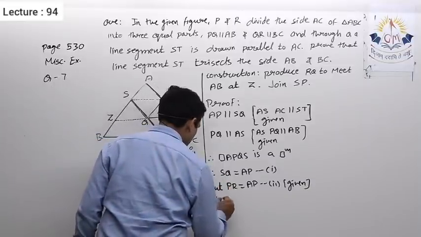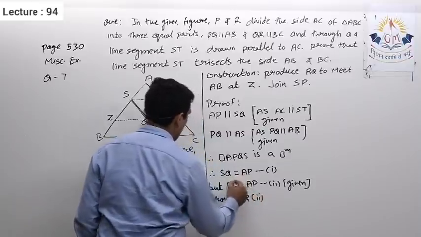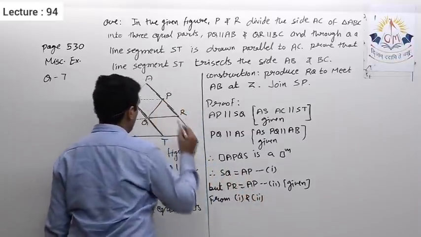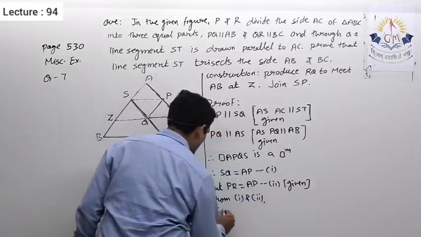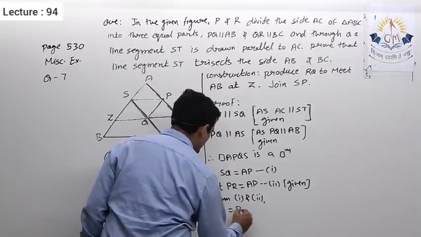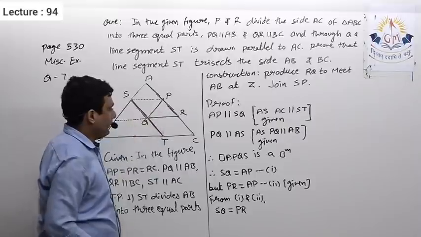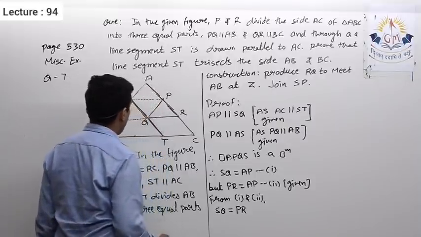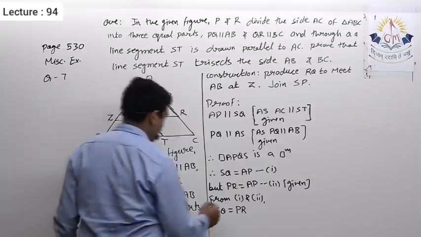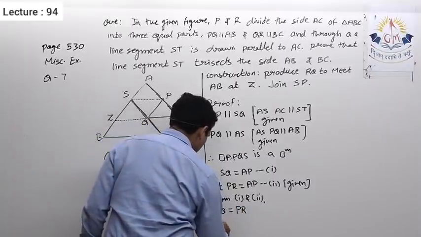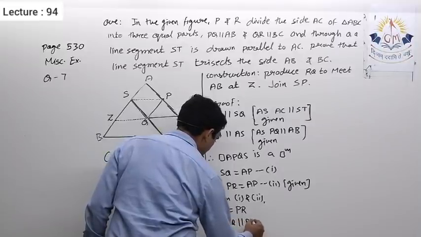So from first and second, I can say SQ equal to PR. Also we have SQ parallel PR.